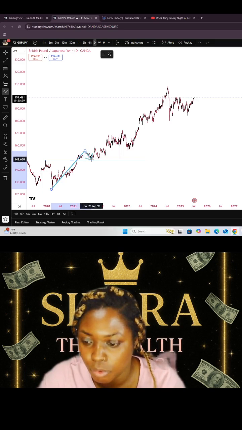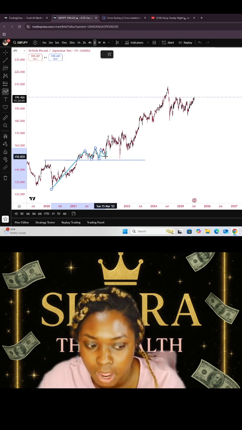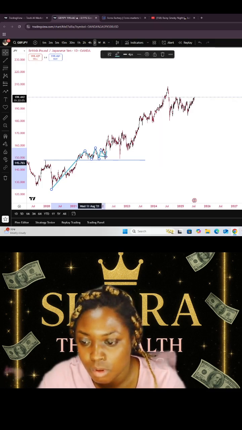This is one move. This gave us a new high. That pulls back. This does not give us a new high. This area is not higher than that area. This is internal structure. I do not mark this as a higher low because I don't have a new higher high. Okay? So, all of this is still one move.